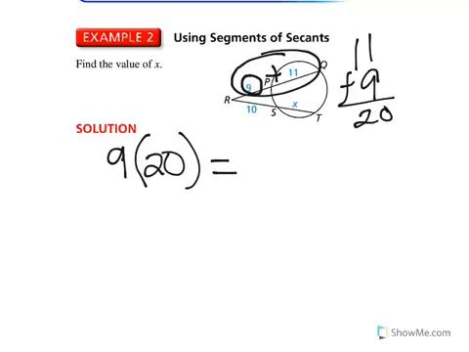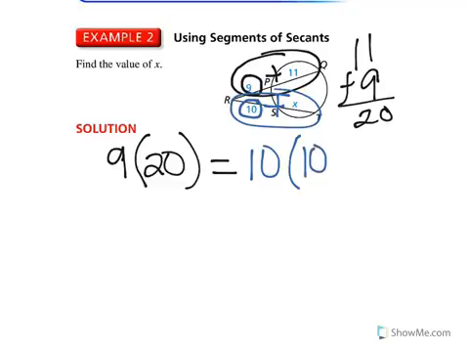And I'm going to set that equal to, if I look at my other line, my outside, which is 10, and I'm going to multiply that by my whole line, and I'm going to make sure to put my plus sign so that I remember it's not going to be 10x, it's going to be 10 plus x. Very, very important that you realize that.